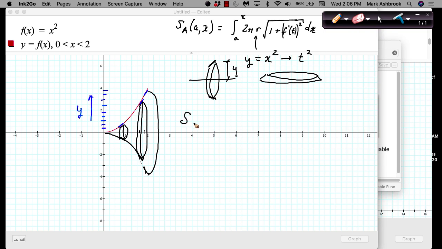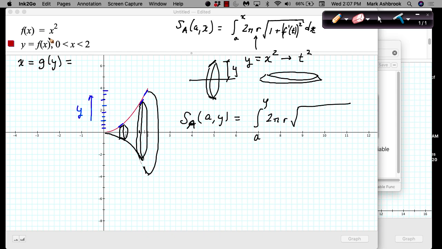So now, integral from a to y of 2 pi r square root of... now the thing that changes here is that if y is varying through y intervals, now we need x as a function of y.